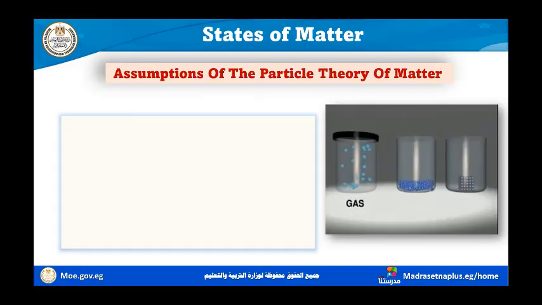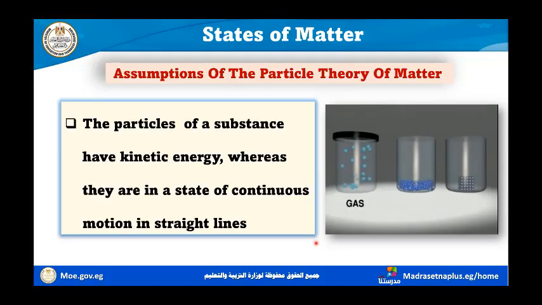Okay, let's discuss another property of matter according to the state. The particles of a substance have kinetic energy, so they are in continuous motion in straight lines. But this motion will differ according to the state of matter. In the solid state, the particles are very close, like here in this metal cube.